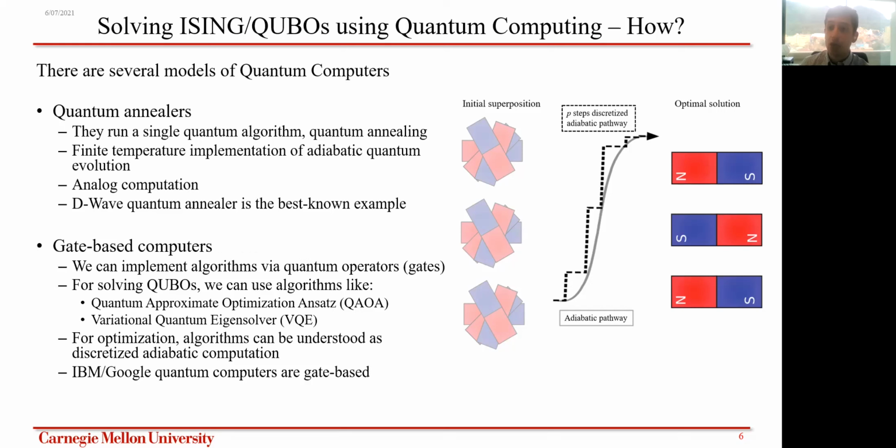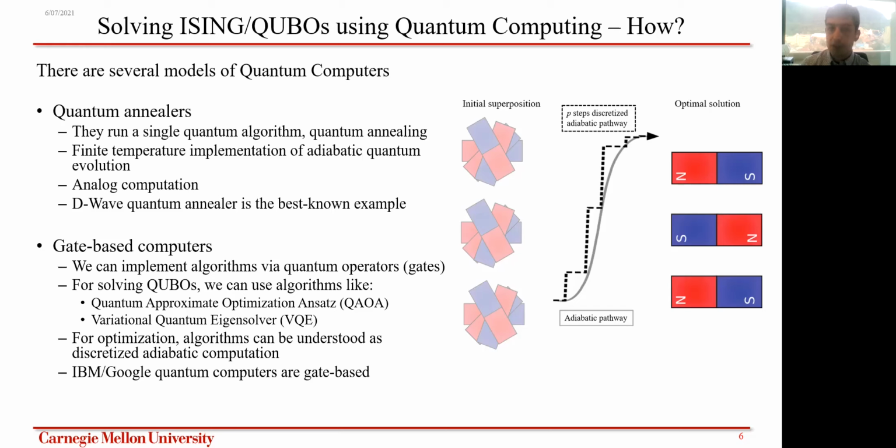The other case are gate-based computers, which are a little bit more popular given that Google and IBM are building devices of this kind. And what they do is that they implement algorithms through quantum operators or gates. And several of those algorithms are designed in order to solve these QUBO problems that we were mentioning.